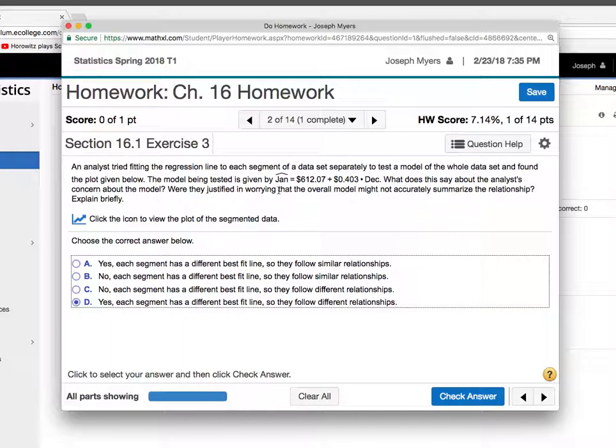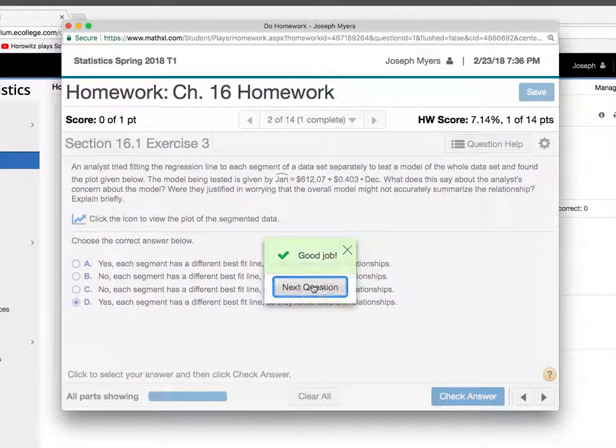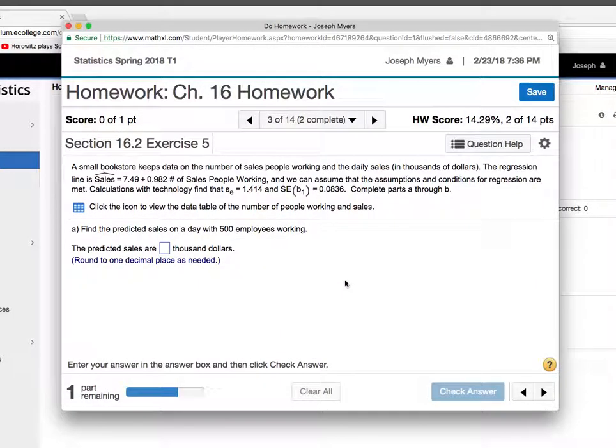So are they justified in worrying that one model might not be able to fit everything? Of course, because one model can't fit things that have different relationships.